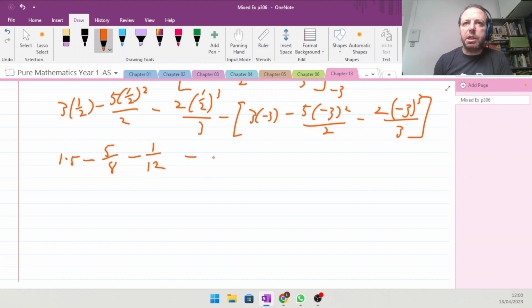That's minus 9, isn't it? Minus 9. 3 cubed is 27 minus 27 times 5, 135 divided by 2. 135 over 2, and it's plus 135 over 2.